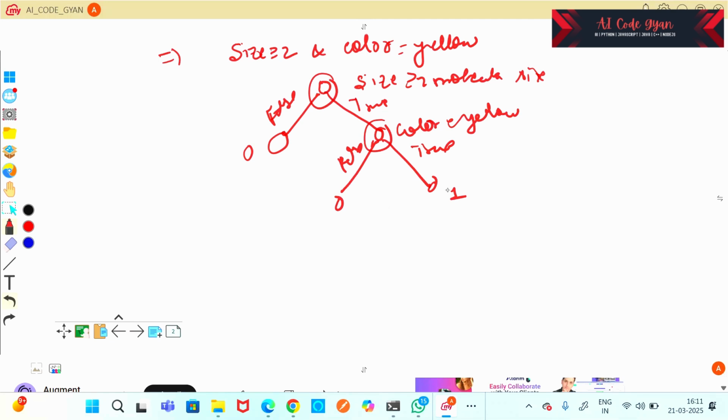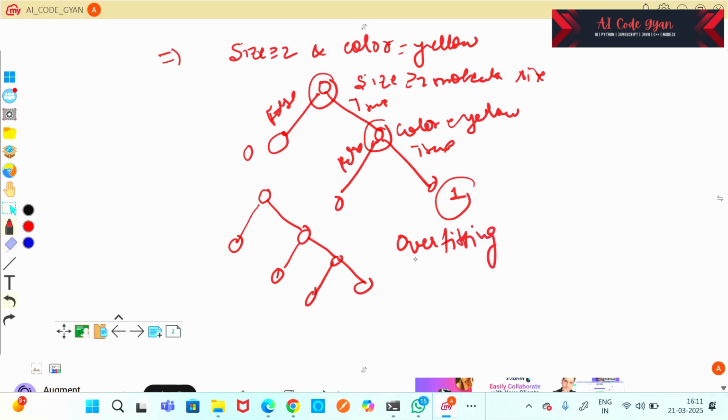So this is how it works. But the disadvantage of this algorithm is that this tree might lead to a lot of branches till the decision is achieved. So it leads to overfitting. To solve that problem, we use the concept of maximum depth.